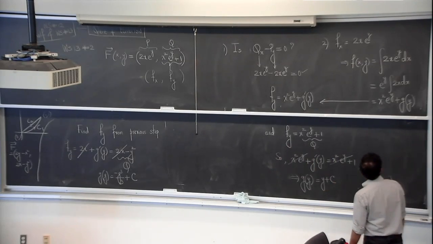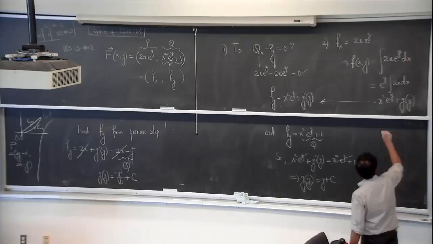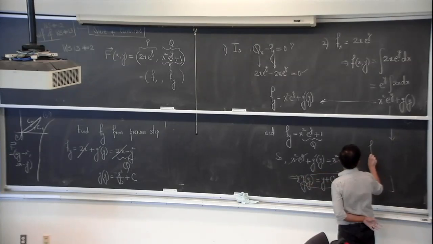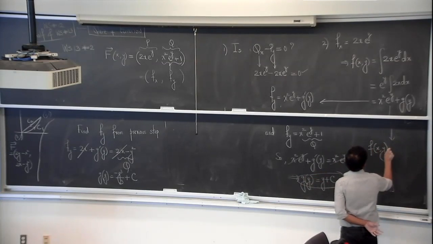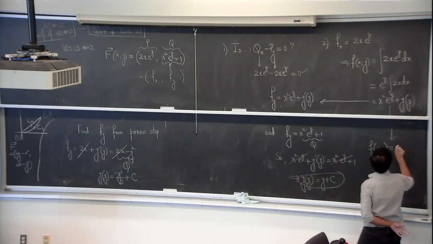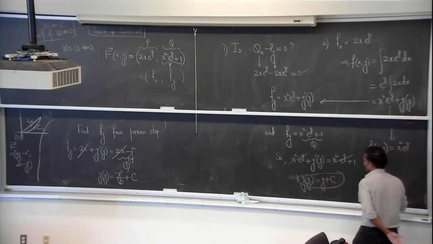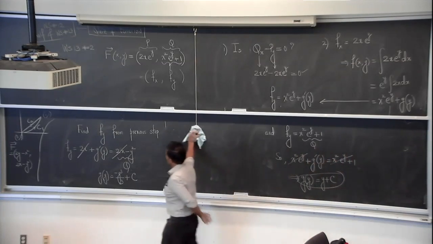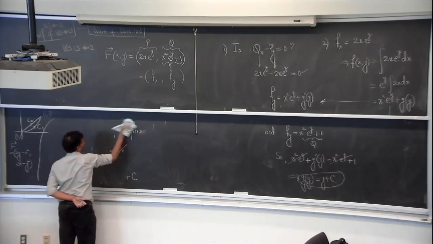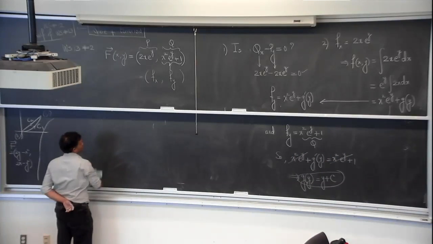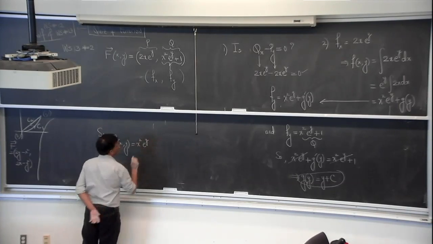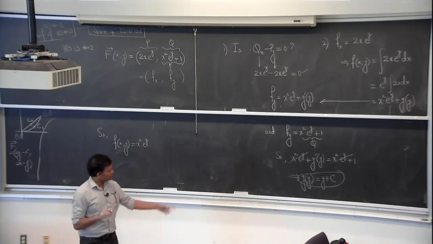Now we have all the things we need to fill up your f of xy. So this is your g of y, so f of xy equals x square e to the y plus y plus c.